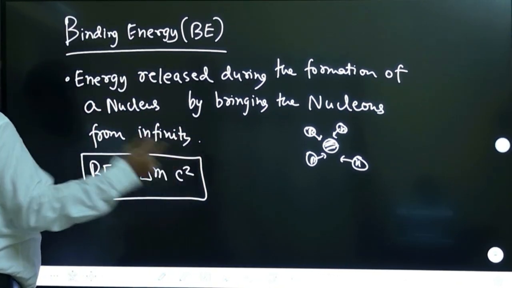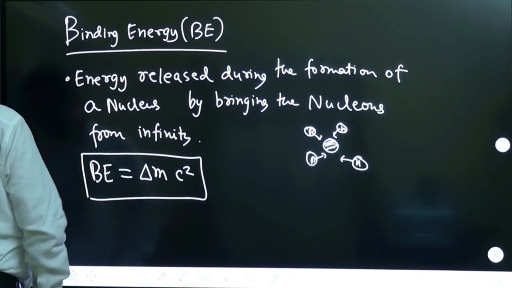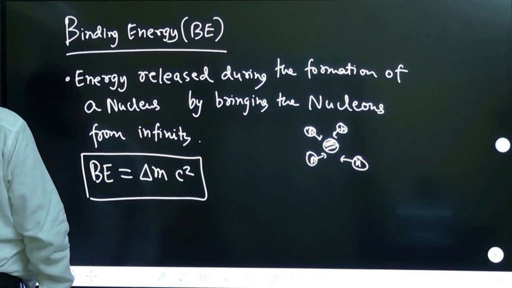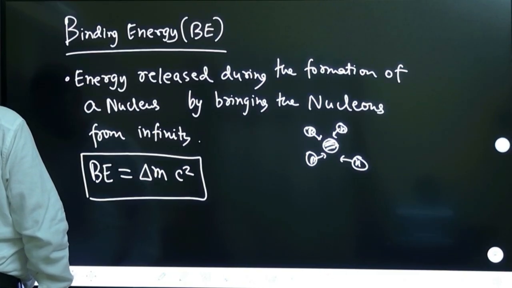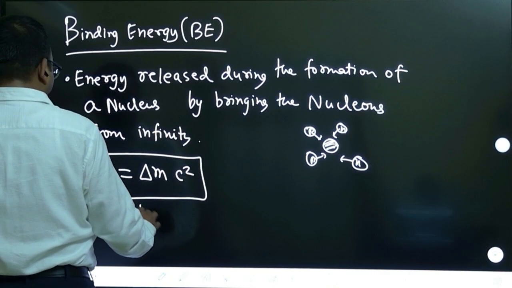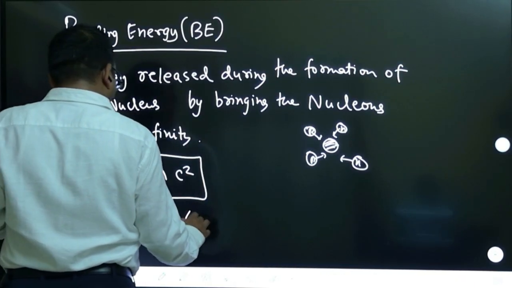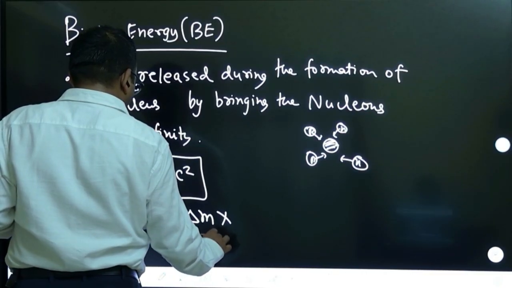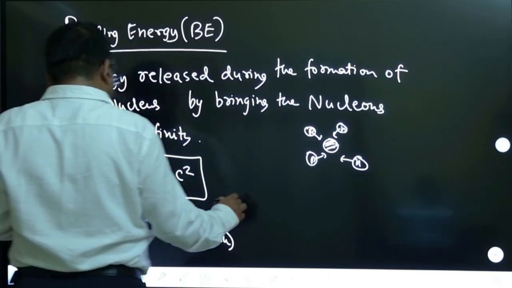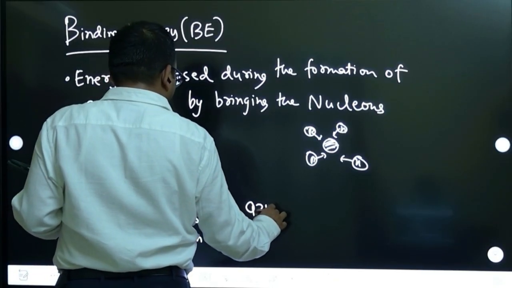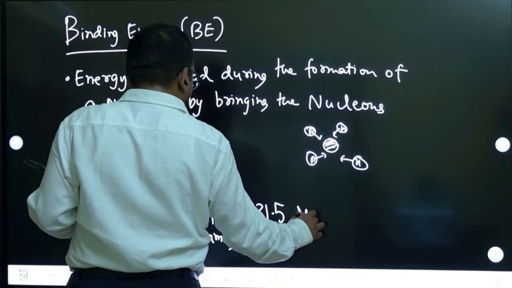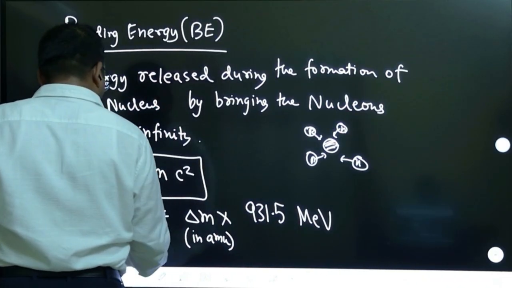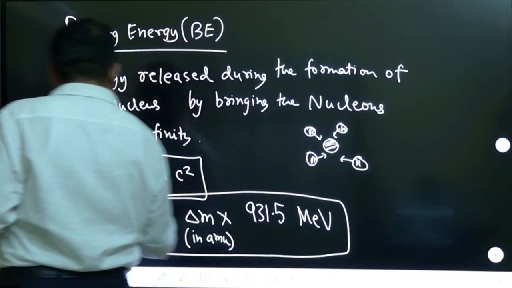Because some energy is getting released. That is the energy difference. So we calculate this binding energy by multiplying whatever delta m is given in atomic mass unit with 931.5, and we get the answer in million electron volt. Right.